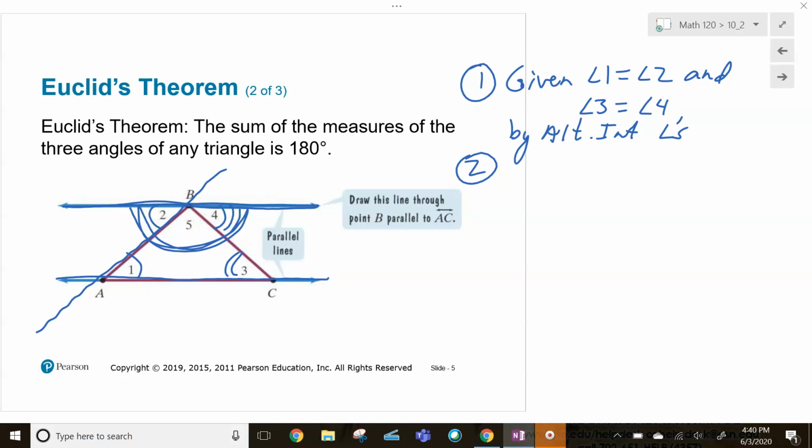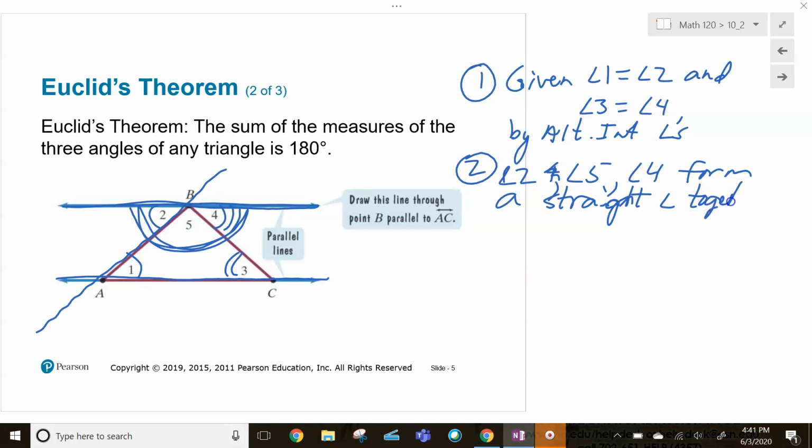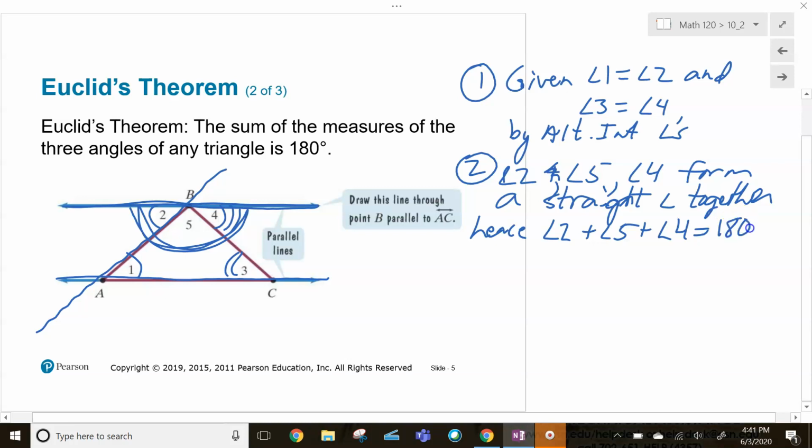Angle 2, angle 5, and angle 4 form a straight angle together. Sorry, I really struggle writing with these digital pens. They form a straight angle, hence 2, 5, and 4 must add up to 180 degrees.